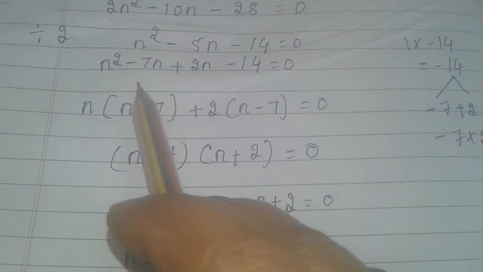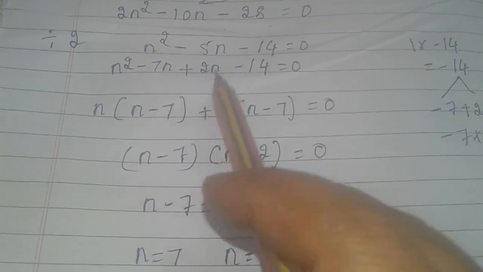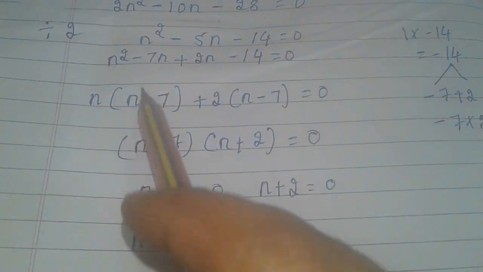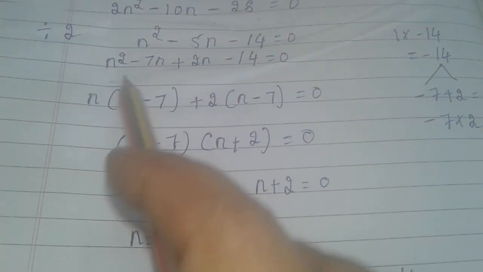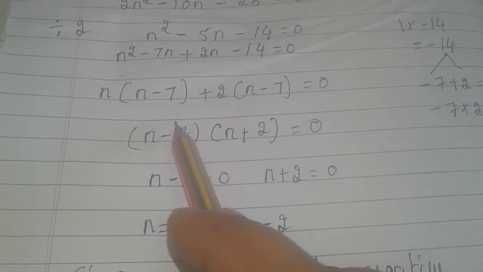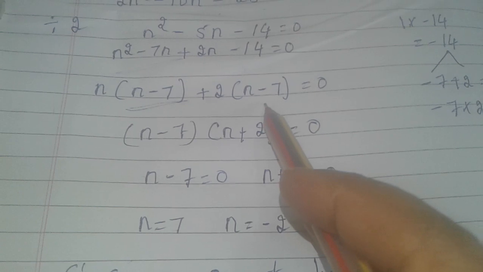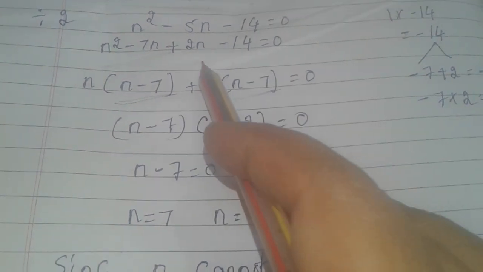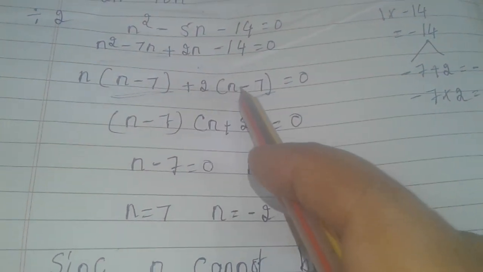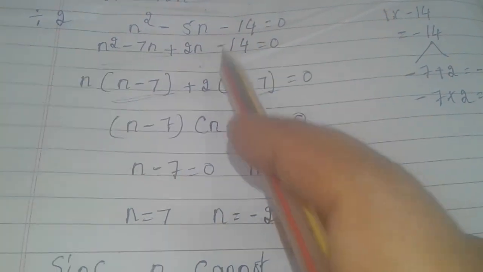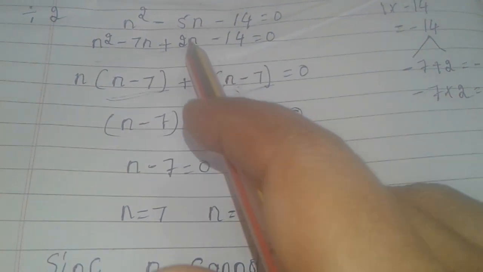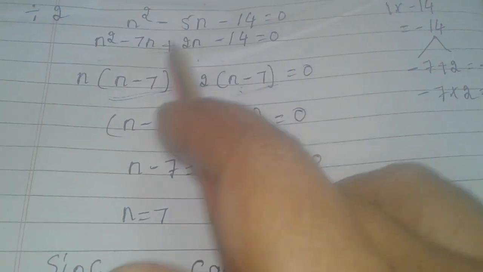So split the middle term. Minus 7n plus 2n, nothing but minus 5n. From the first two terms you take n common, we get n into n minus 7. The same n minus 7 you write again and see the third term. n is already in the bracket. So what is remaining from the third term? Plus 2.